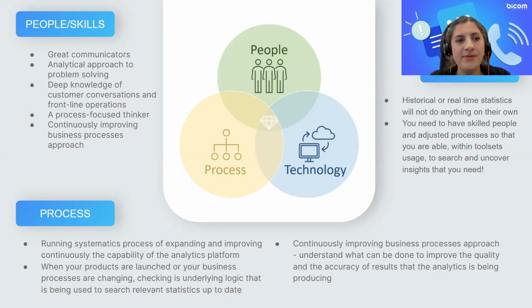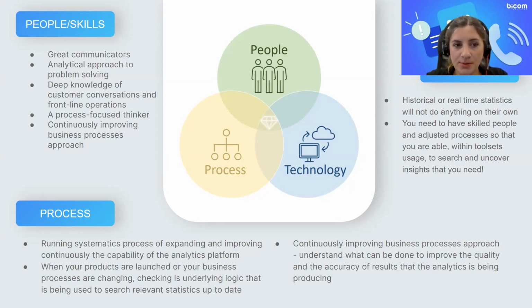When it comes to the people, you need to have one or two employees in the company with key skills, such as being great communicators, to ensure that everyone in the company understands the powers and also the limitations of contact center analytics. They need to be analytical in their approach to problem solving. They need to have a great understanding of customer conversations and frontline operations.